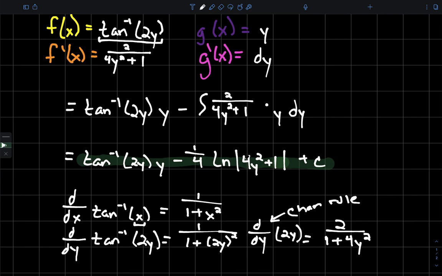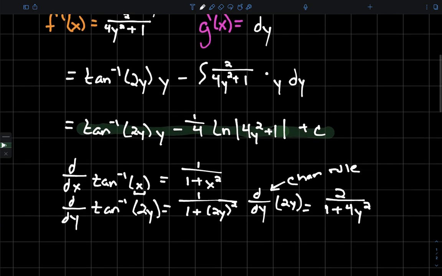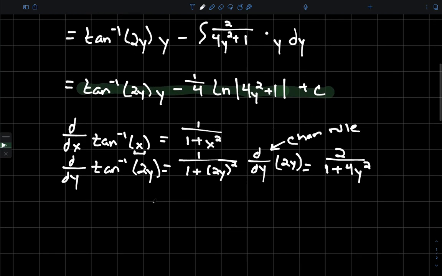Part 3 for this is the integral of what we just got right here, times y. So how did we get the integral of 2y over 4y squared plus 1? Looking at this, you should immediately think of the integral of 1 over x. And we can just fill in the pieces from there.